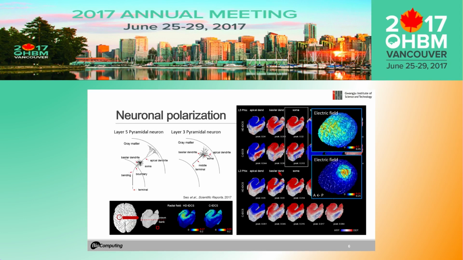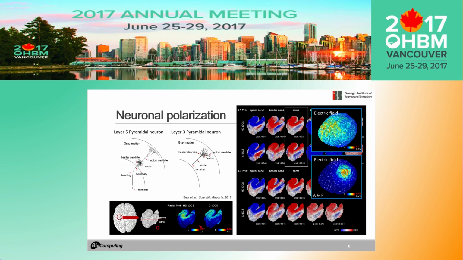When we focus on the somatic polarization in layer 5 pyramidal neurons, we found that high-definition tDCS induces a much higher peak value of somatic polarization compared to conventional tDCS, which is the opposite of the observation for the electric field. In the electric field, conventional tDCS induces about 3 times higher peak magnitude than high-definition tDCS. So we looked at the radial field in the target area, since the radial field has the same orientation as the pyramidal neuron.